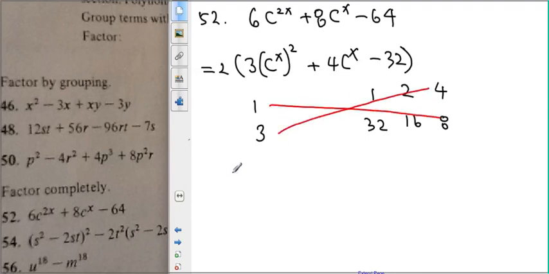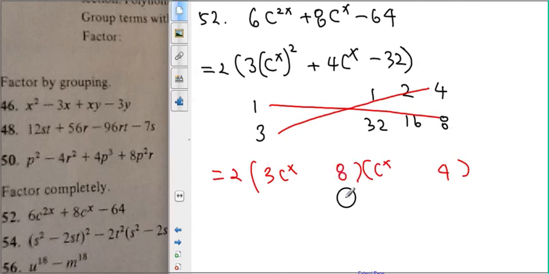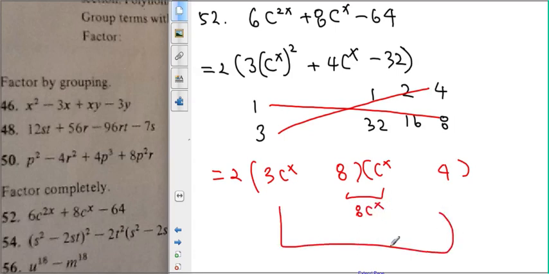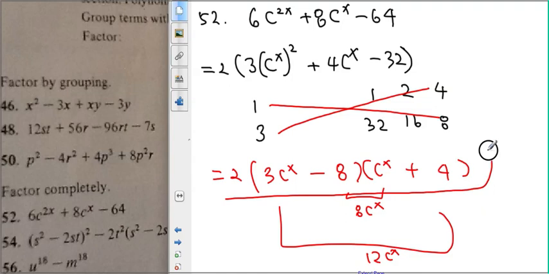So here it goes. 2 was already out there. 3c to the x has to multiply to 4. And then c to the x has to multiply to 8. This gets us 8c to the x power. This one gets us 12c to the x power, but our sum has to be positive, then this will be positive, which makes this one negative. So that becomes our final answer.